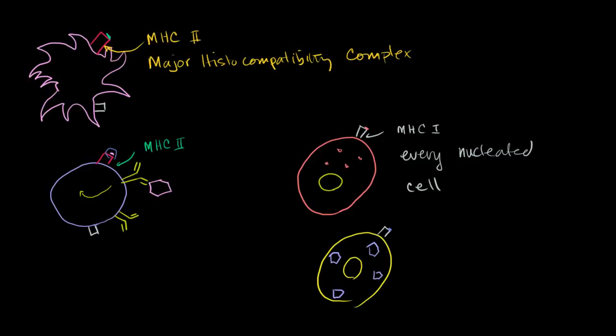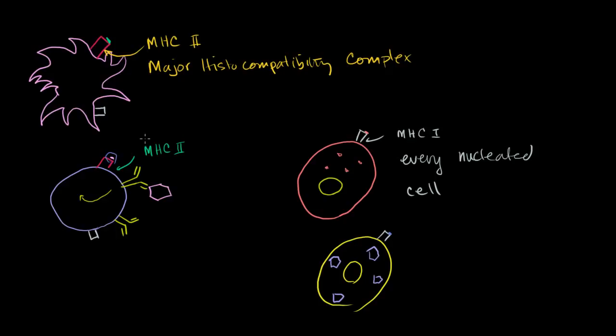So just to make sure you understand the difference. T cells, they both have T cell receptors. But the helper T cells bond to MHC2 complexes. Let's say that this is a helper T cell right here.